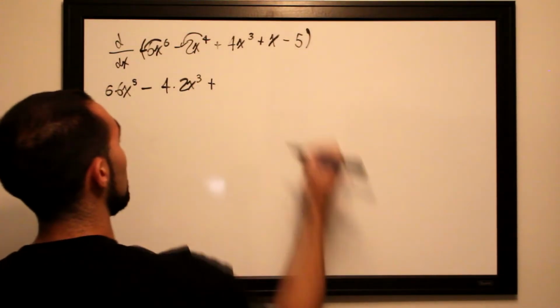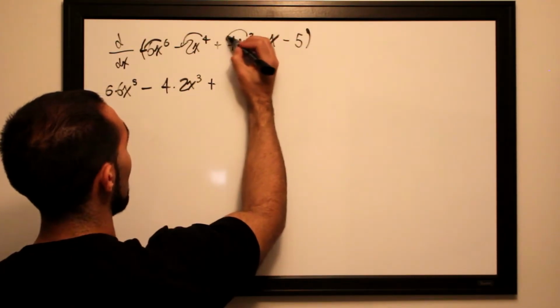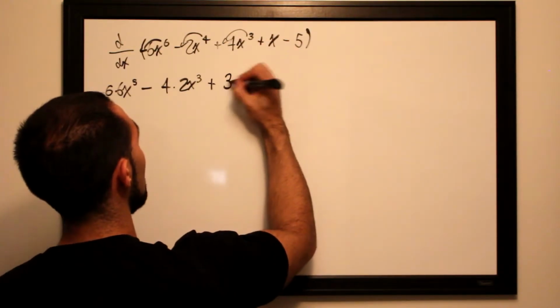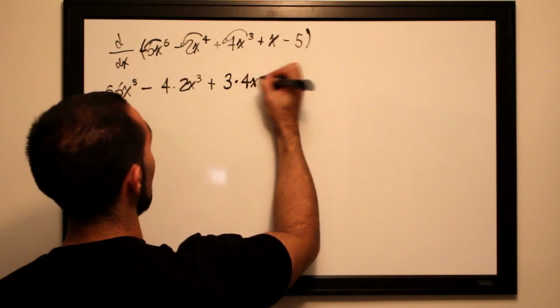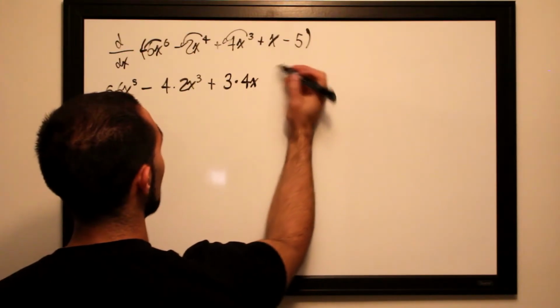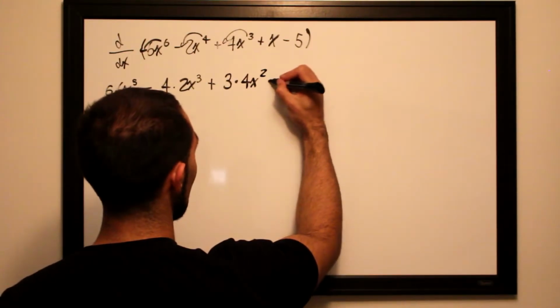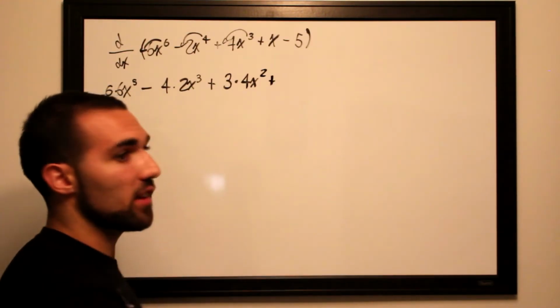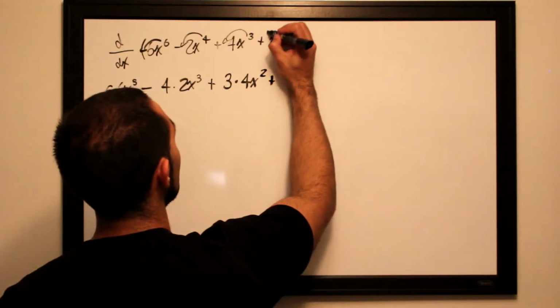Then we subtract, we bring down the exponent. 3 multiplied by 4x to the n minus 1. n is 3, so n minus 1 is 2. And then x is exactly the same thing as 1x.